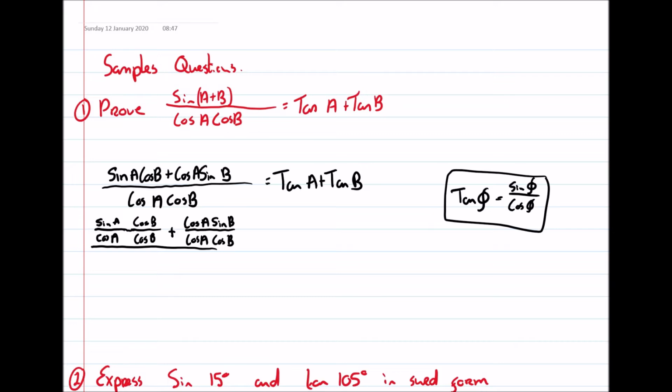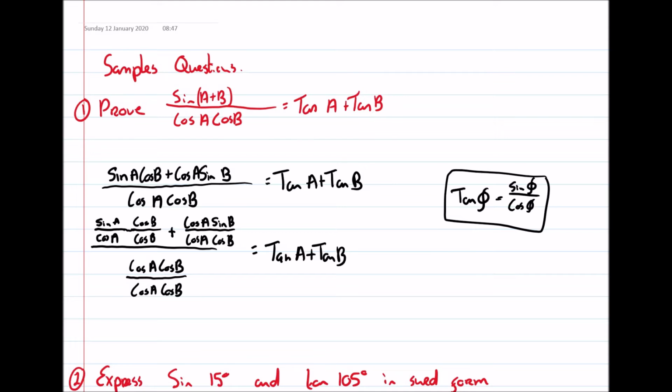Likewise, on the denominator, we have cos A cos B, and I'm going to divide that by cos A cos B, and that will equal tan A plus tan B. I just have to prove it. Right.